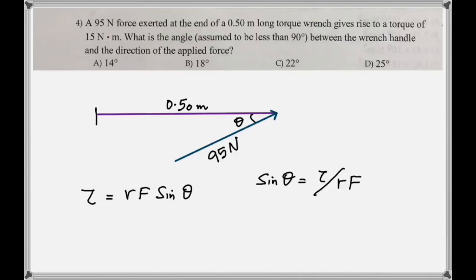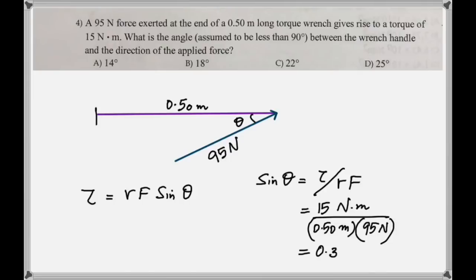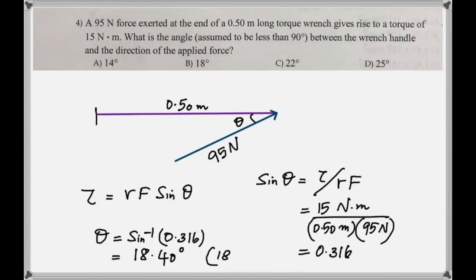Make sine theta the subject. Torque is 15 divided by 0.5 times 95. So we need to solve that and take the inverse sine of 0.316. We get the angle as 18.40 degrees.